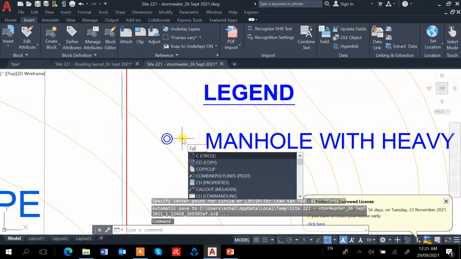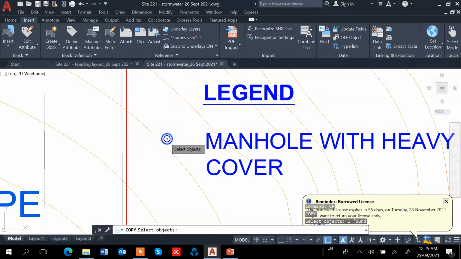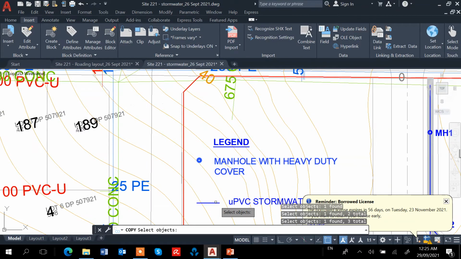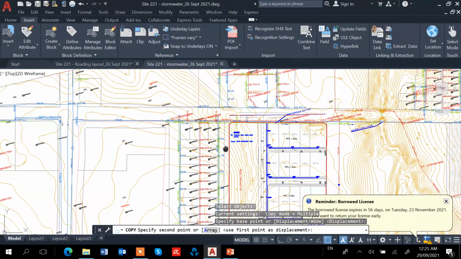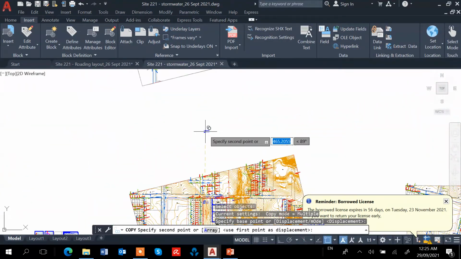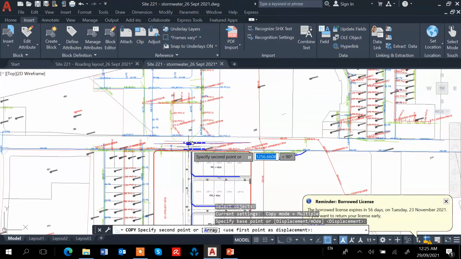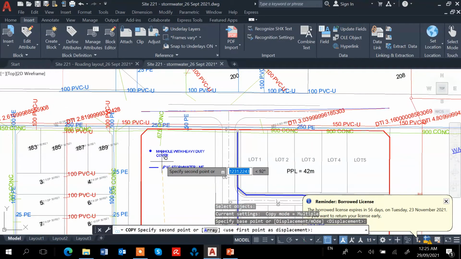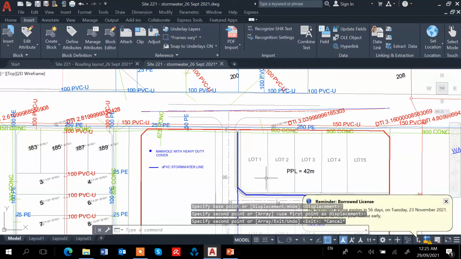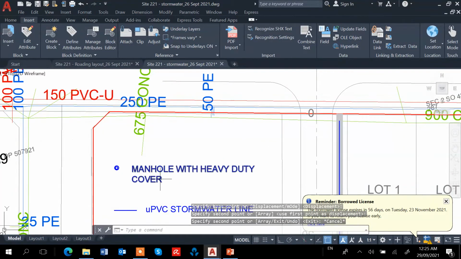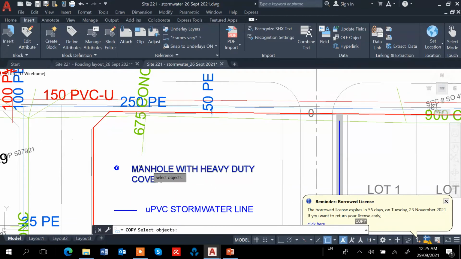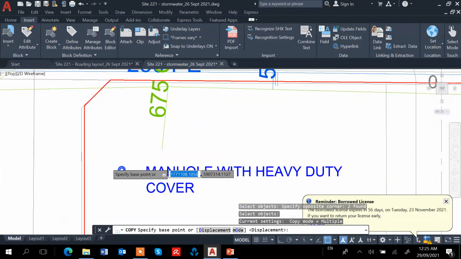Just copy this one. These are the legends, and this. Let's copy this legend up. Okay, so I'm going to put a manhole at the intersection of the pipes.